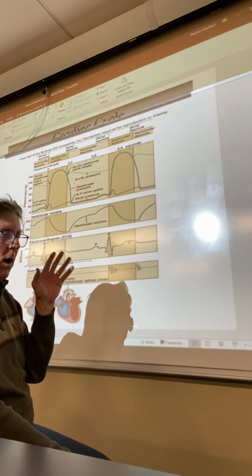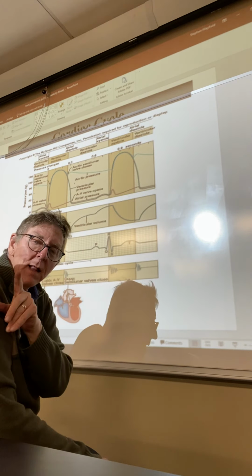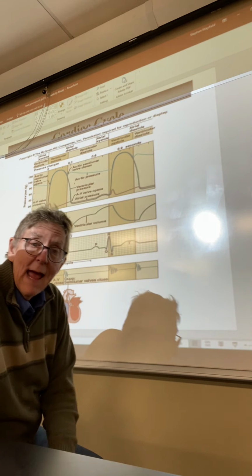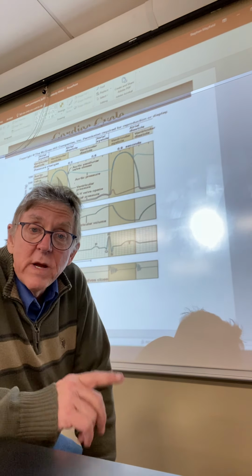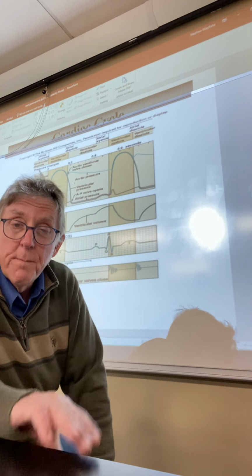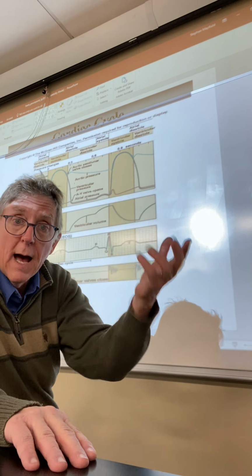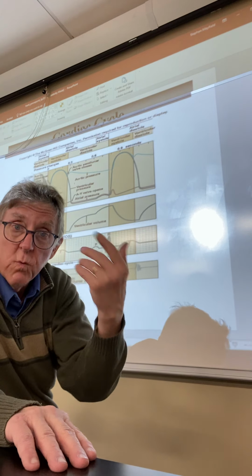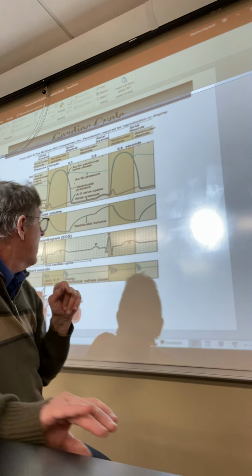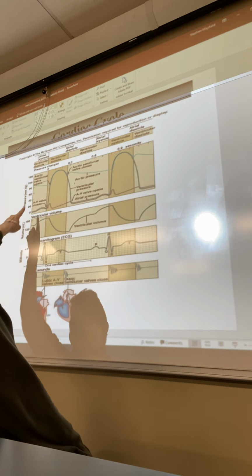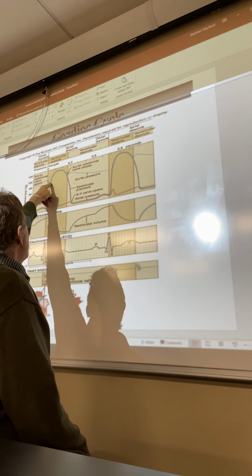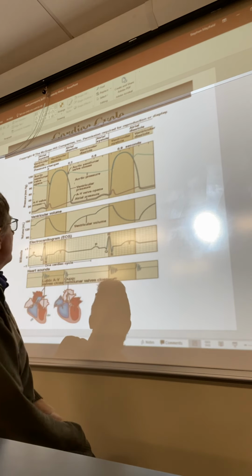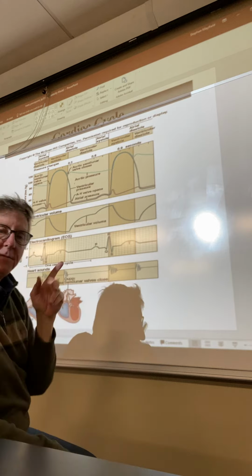So basically we're going to be filling the ventricles, and what did we call that in the previous slide? We called that the preload. So the ventricles are going to be filled up, and the pressure that rises in response to that is the preload. We can see this preload pressure rising in the ventricles.